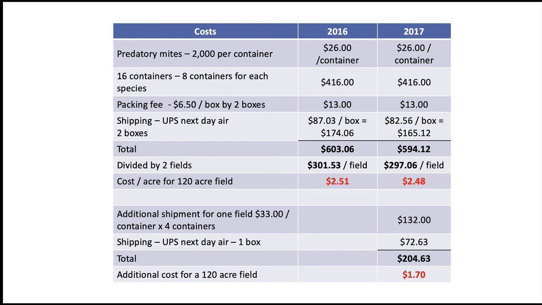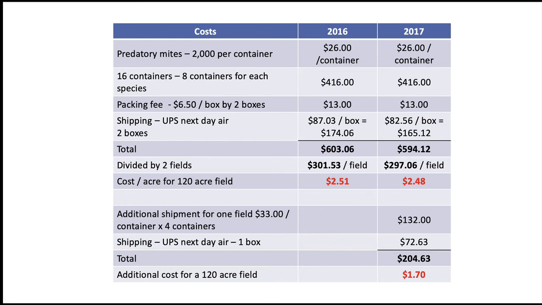And so you divide that by both fields, we have $301 and $278. So each field was 120 acres, but we only treated those 2 hotspot areas. And so it was a cost of $2.51 per acre in 2016 and, in 2017, $2.48.